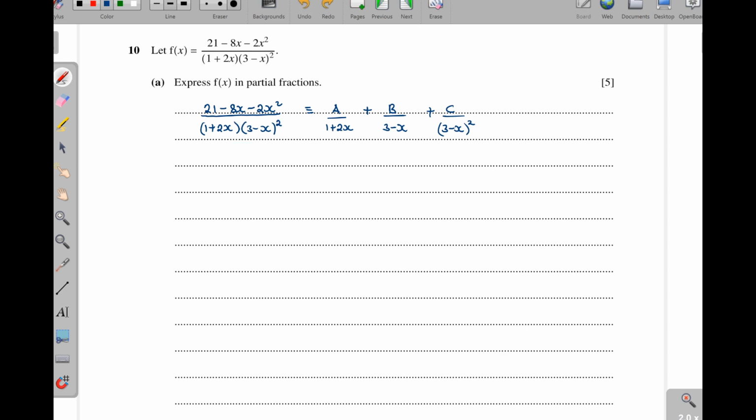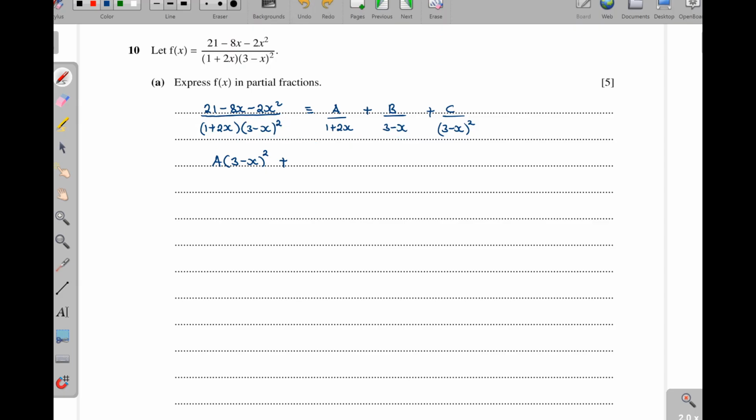So that means we shall have a, then times 3 minus x, then to the power of 2, then plus, again get this one, divide by this, so that means this one will cancel with 1 here, then we remain with this times this, then we also multiply it with the b there.